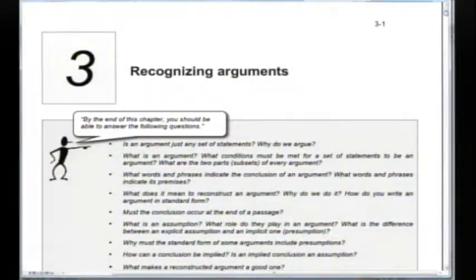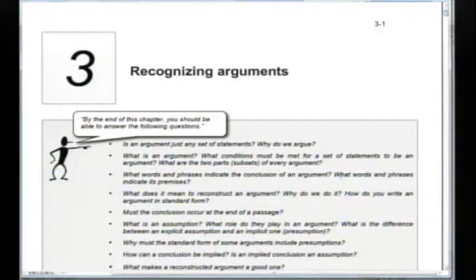But the main thing is that in the end, arguments are composed of statements. And you can't evaluate an argument unless you can recognize one. And typically for us, arguments aren't going to be expressed in the form of a small little single paragraph. It'll be an argument spread out over several paragraphs or several pages.